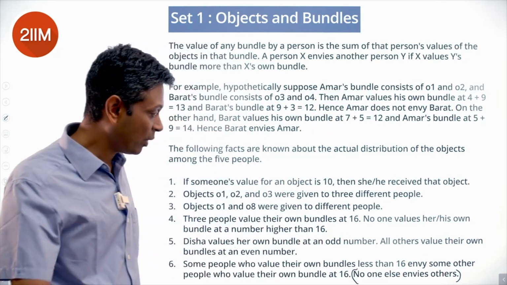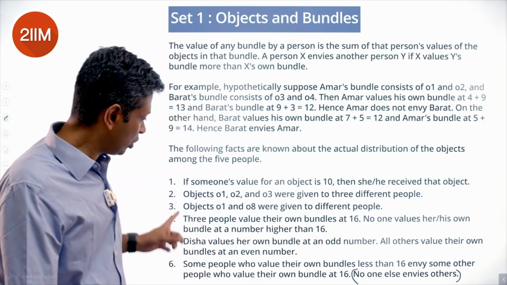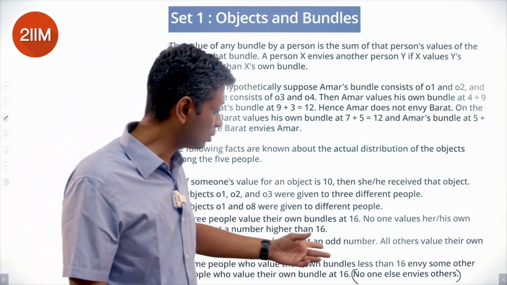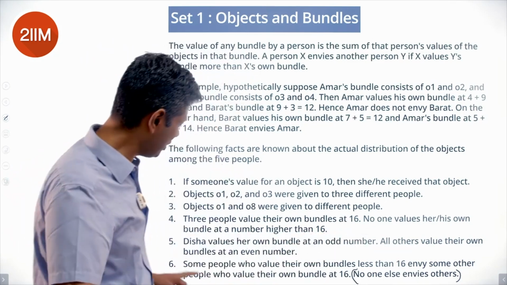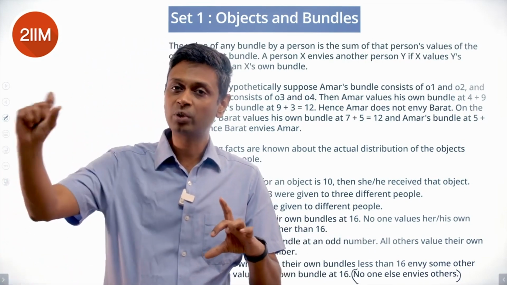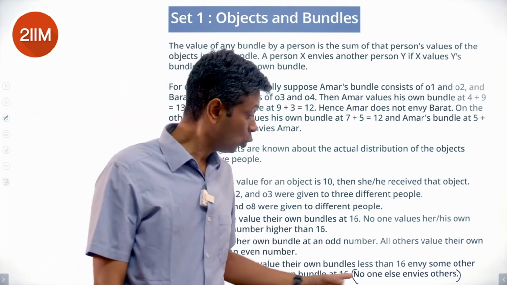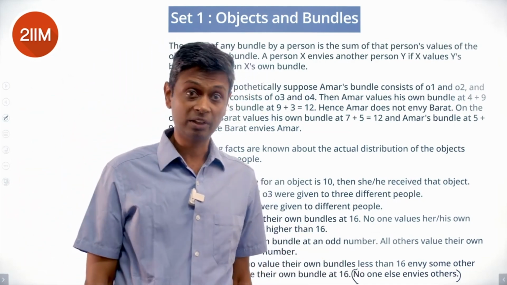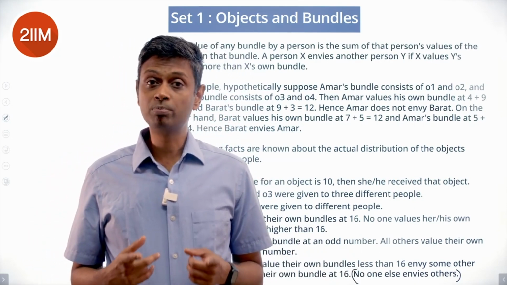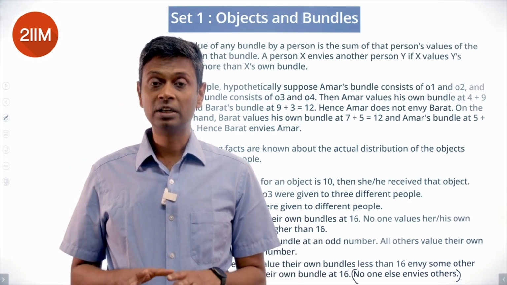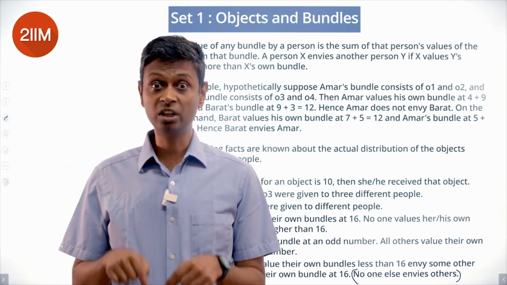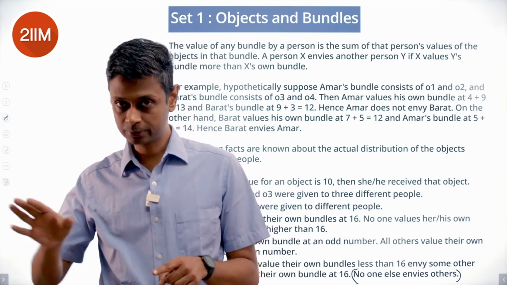Fine. So it seems like some people who value their own bundles at less than 16 envy some people who value their own bundle at 16. Less than 16 envy someone equal to 16. No one else envies anything. This is brilliant because someone whose bundle is valued at 16 does not envy anyone else.